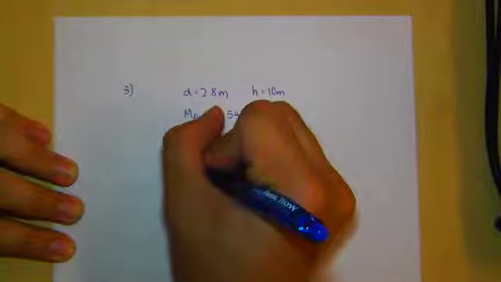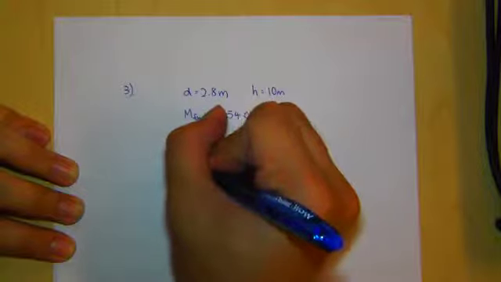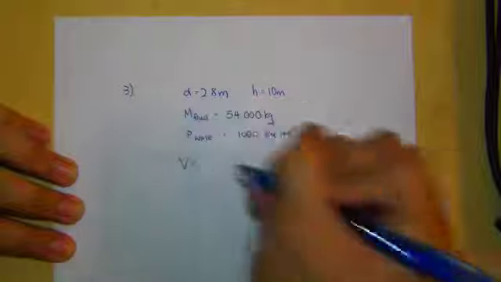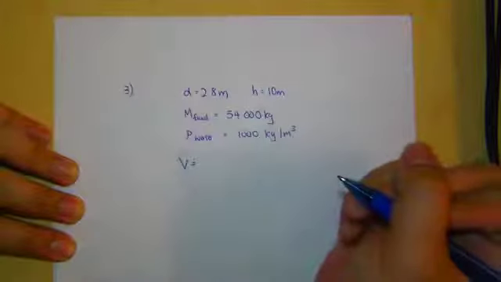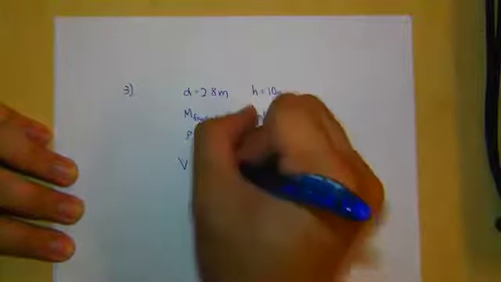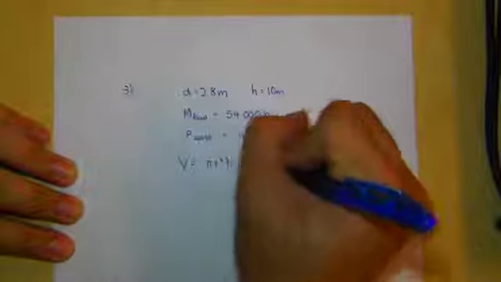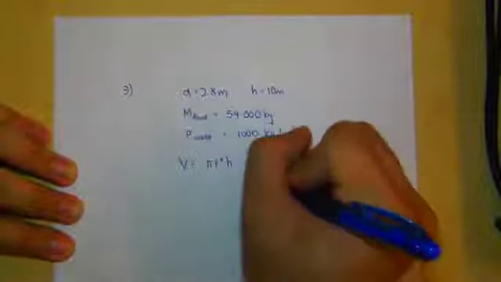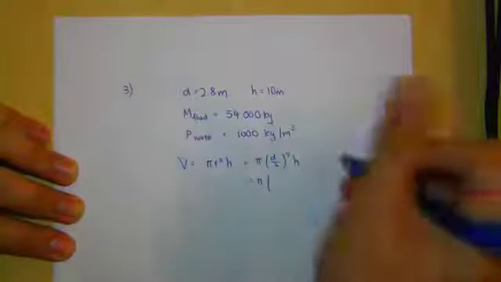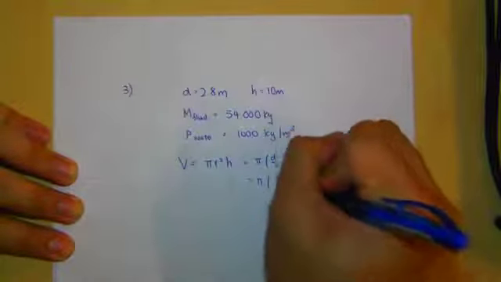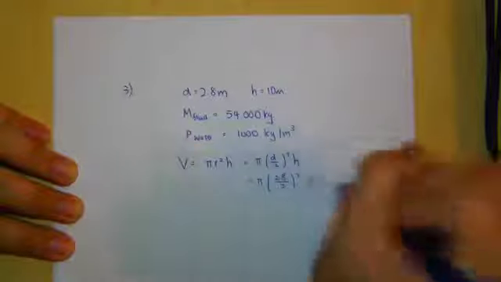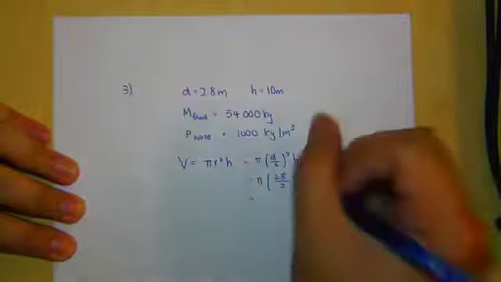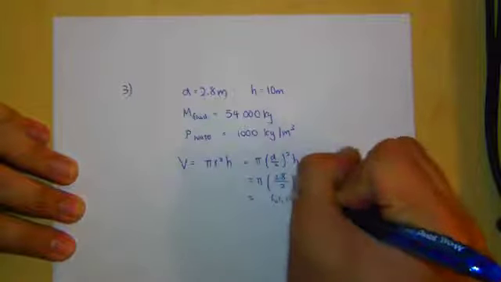Okay, so let's determine in this case the volume first. For the volume, again, it will only be dependent on the container. So cylindrical, so pi r square h, pi d over 2 square h. Plug in the numbers. d in this case is 2.8 over 2 square times 10. Alright, so this will be 61.58 meter cube.